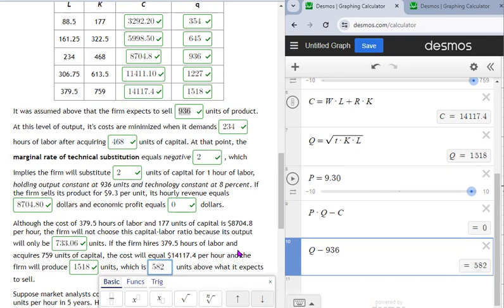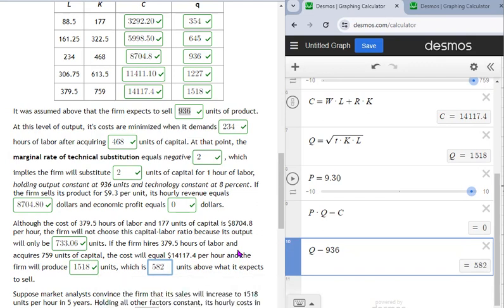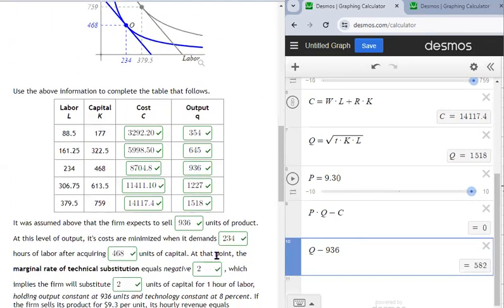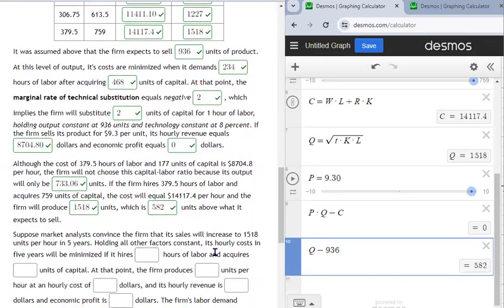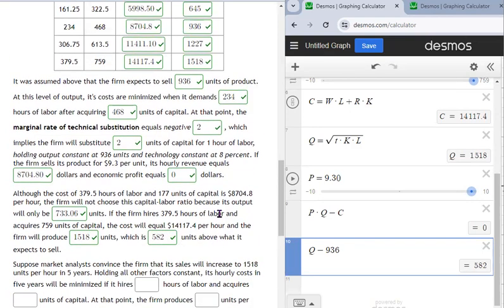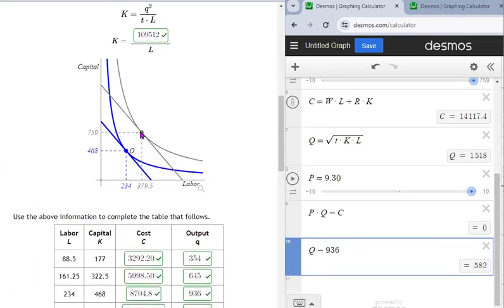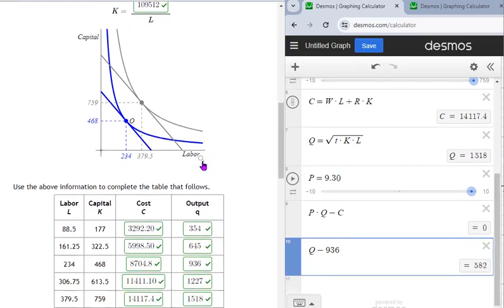And what do you do with excess inventory? Well, you've got to discount it. The way you get rid of it is you lower the price by running a sale, right? And firms really don't like sales. They don't like discounting the product. So they're not going to do this point here, because they don't expect to sell 1,518.